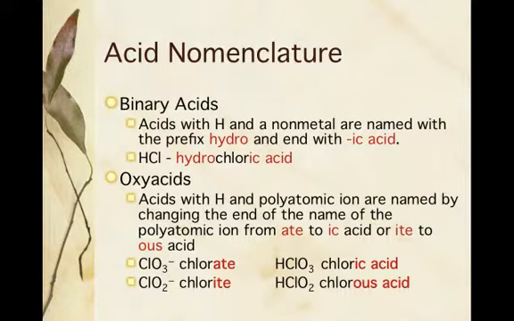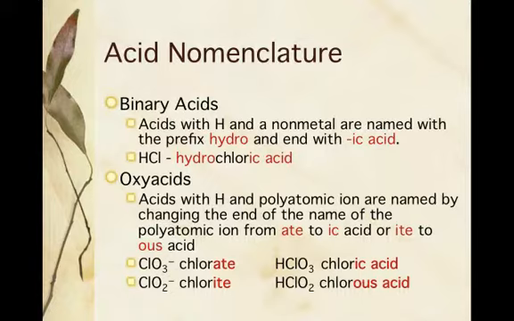There's also oxyanions. Hydrogen is your cation. So anytime hydrogen is your cation, it's always an acid. And then a polyatomic ion, which normally the polyatomic ions have an oxygen, which is why it's called an oxyanion, so oxyacid.